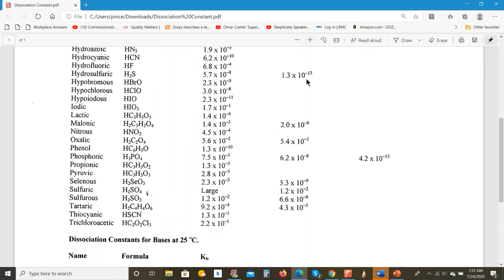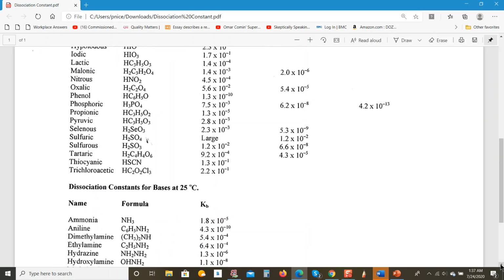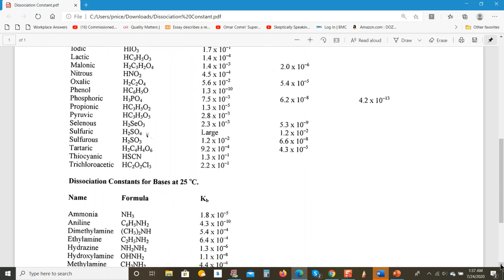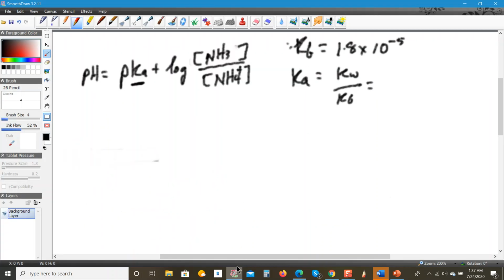So therefore, I can find Ka, which in this case will be equal to 1.00 times 10 to the minus 14 divided by 1.8 times 10 to the minus 5. Let me work this out right now. So 1 times 10 to the minus 14 divided by 1.8 times 10 to the minus 5.